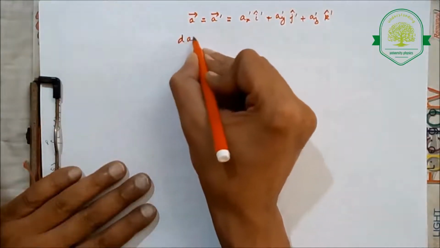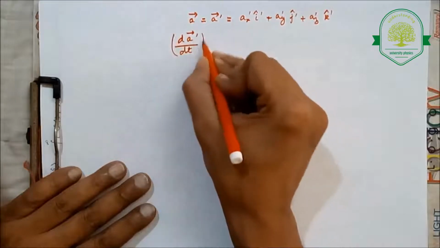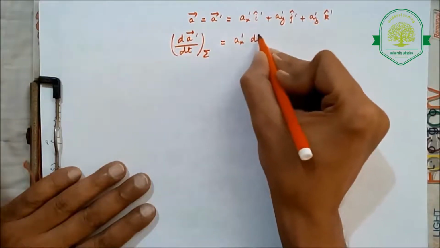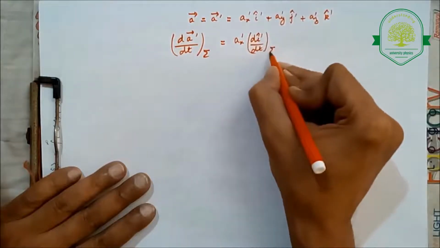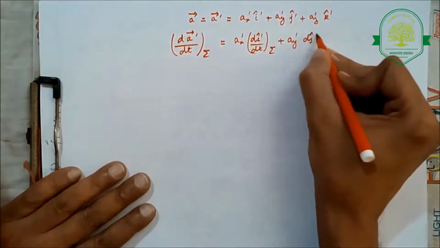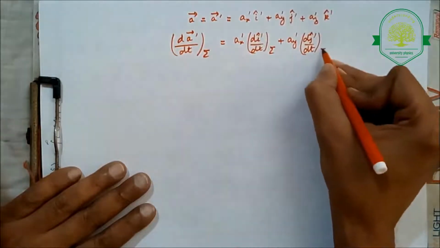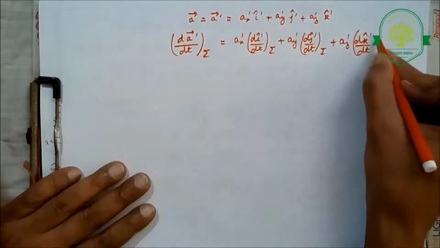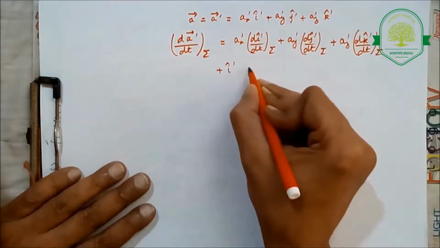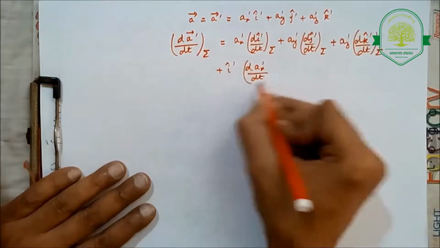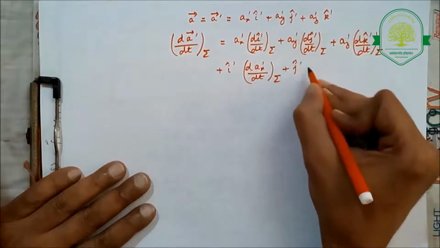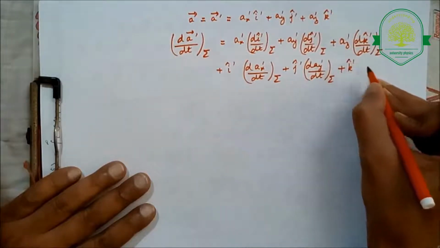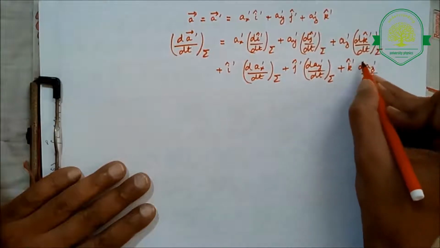I get dA primed over dt as seen from sigma equals ax primed di cap primed over dt as seen from sigma plus ay primed dj cap primed over dt as seen from sigma plus az primed dk cap primed over dt as seen from sigma plus i cap primed dax primed over dt as seen from sigma plus j cap primed day primed over dt as seen from sigma plus k cap primed daz primed over dt as seen from sigma.